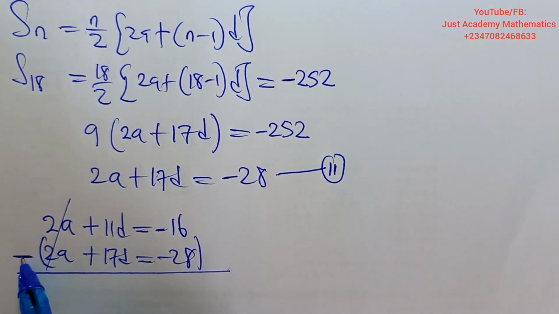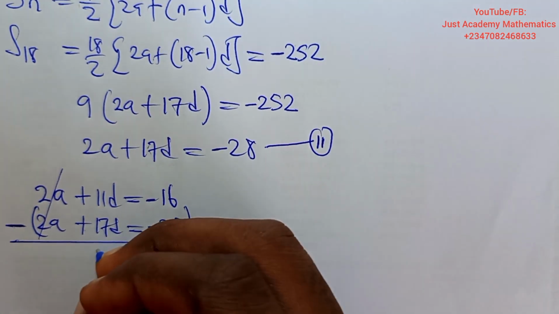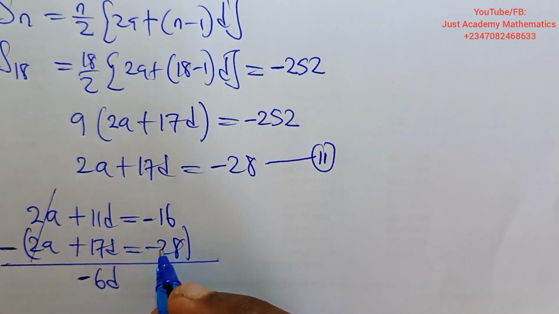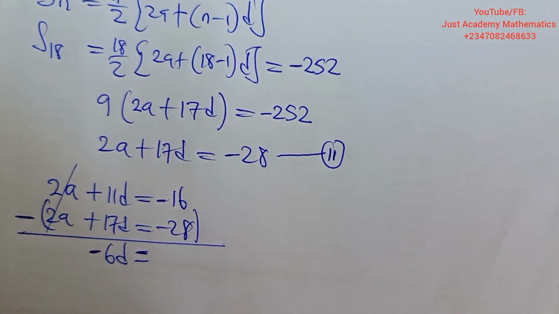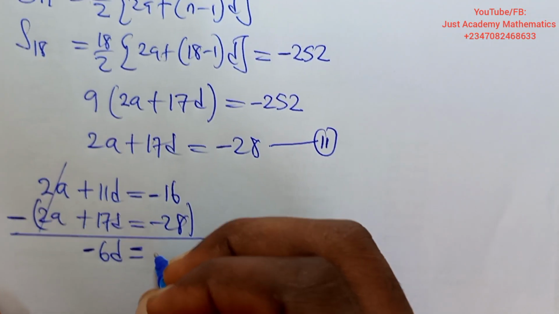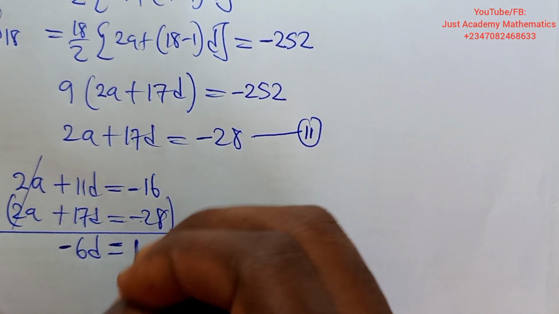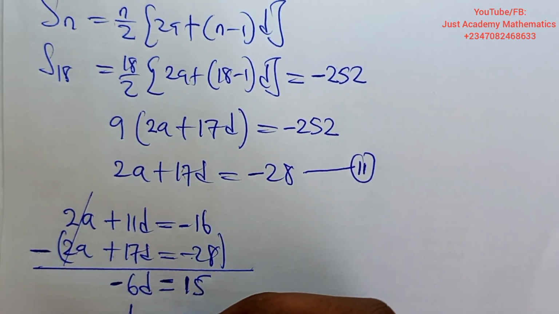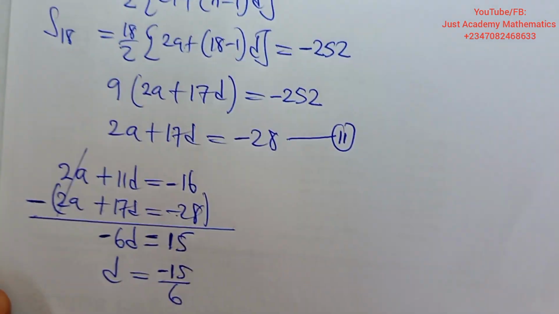This time 11d minus 17d gives us minus 6d. This is now plus 28, so we have 28 minus 16, which gives us 15. So d equals minus 15 divided by 6.